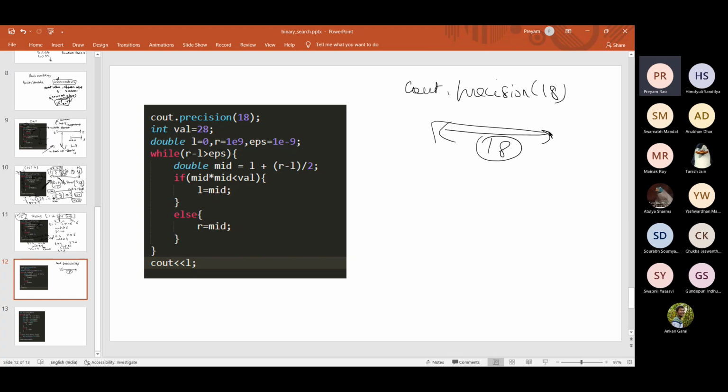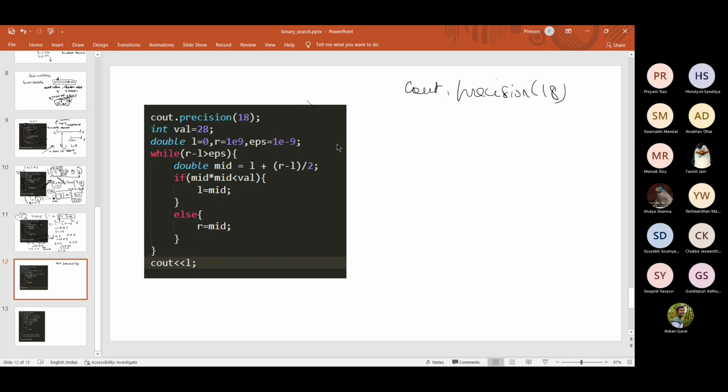So let's say if we do 18, then all the functions, everything will be calculated for the first 18 digits. So if you are getting an error when you're working with Codeforces problems, make sure that your precision is pretty high. But apart from that, binary search works the exact same way.